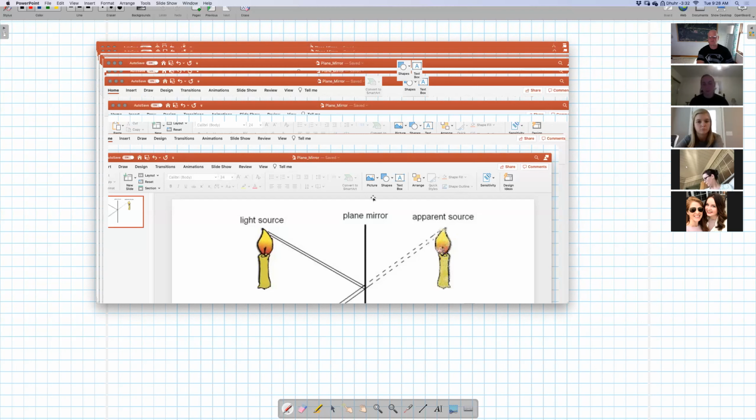Okay. Now, if we did some geometry on this, what we can see is that this triangle here is exactly the same as this triangle here, because this angle here is the same as this angle here, which basically means that the distance from the mirror of the source is exactly the same as the distance from the mirror to the image. Meanwhile, the height of the source is going to be exactly the same as the height of the image, because again, this triangle here is exactly the same as this triangle here.